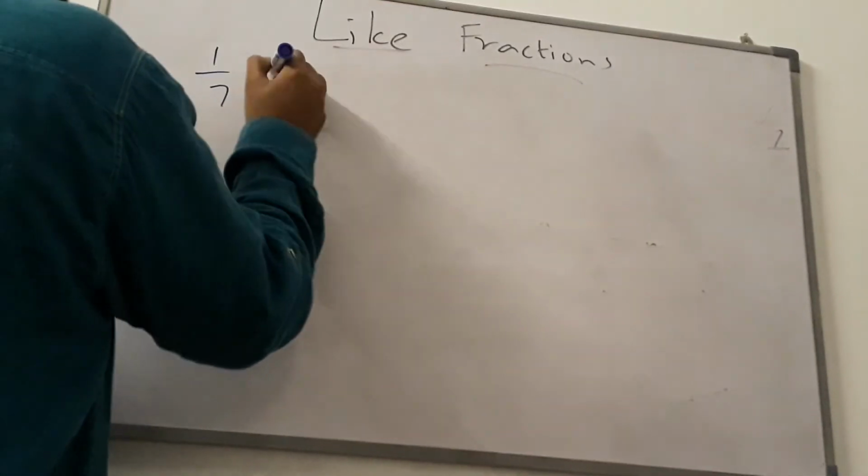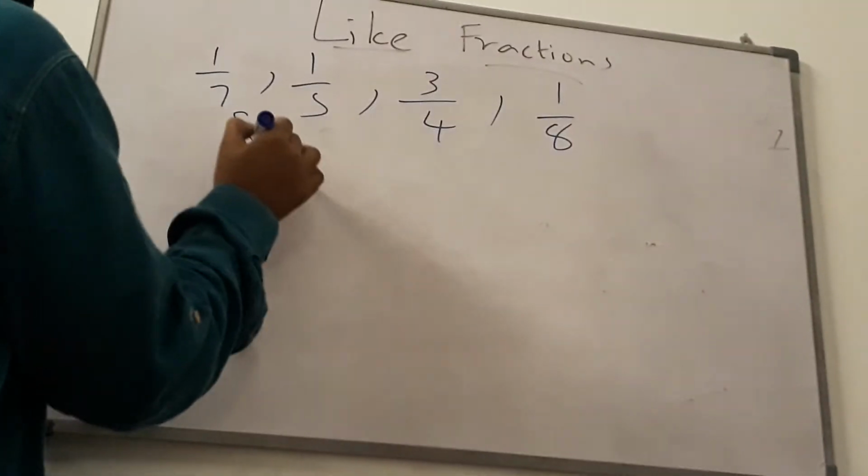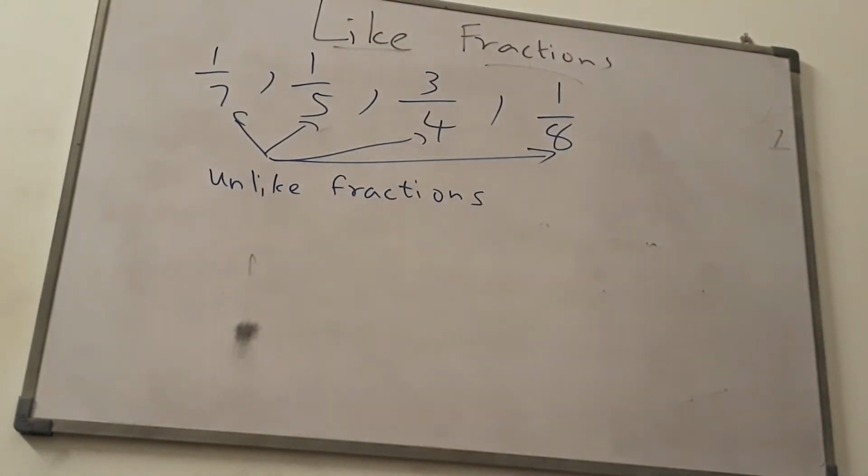Same as 1/7, 1/5, 3/4, 1/8. Okay, here the denominators are different, so all these are unequal to each other, so we call these unlike fractions with unequal denominators.